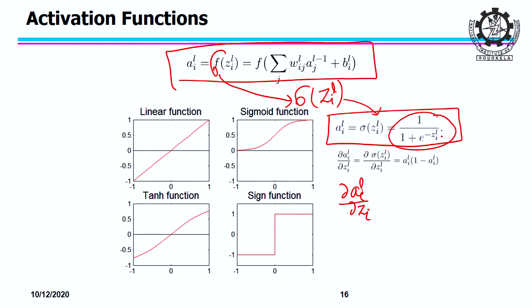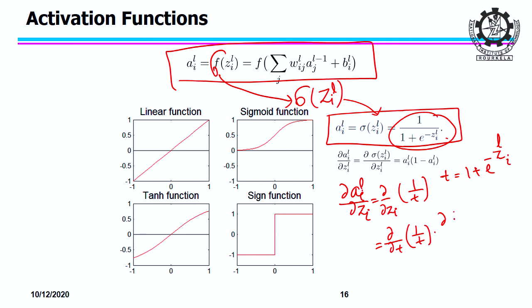We consider t equal to 1 plus e to the power minus z_i^L. Therefore, this is 1 by t, but t is a function of z_i. So we have to take the derivative with respect to 1 by t and then del t by del z_i. That is the chain rule we use. So, simply we can compute this from here.